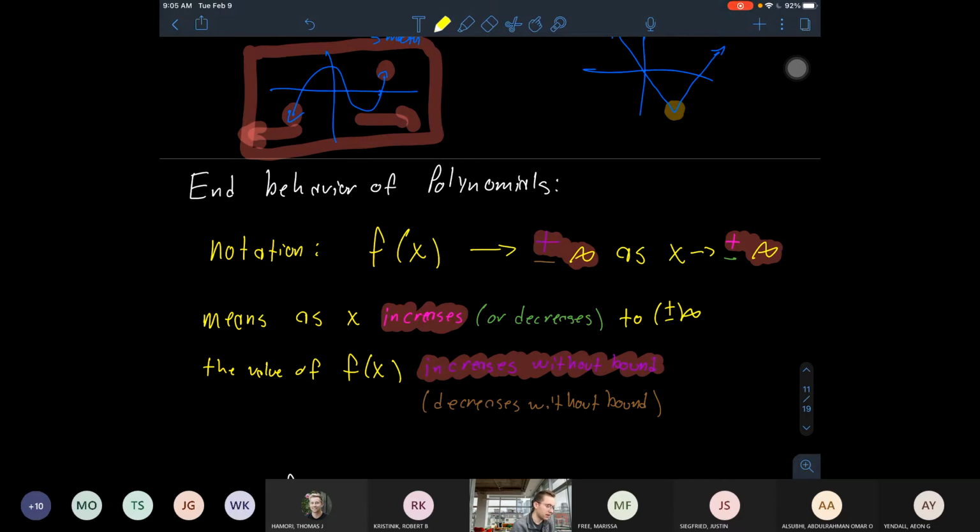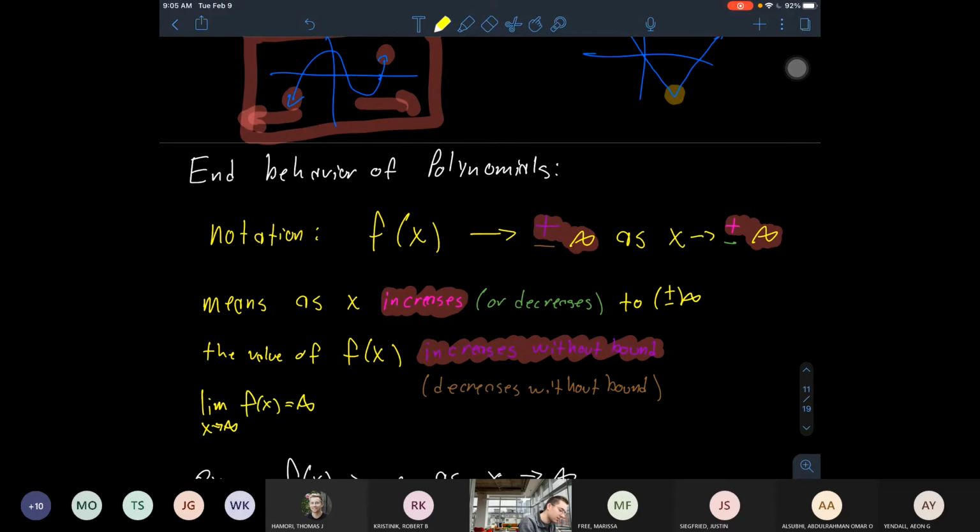And sometimes we say f of x goes to minus infinity as x goes to positive infinity, or f of x goes to positive infinity as x goes to minus infinity, or f of x goes to minus infinity as x goes to minus infinity. Okay, the other notation that you might see for this is the limit as x goes to infinity of f of x equals infinity, that means the same thing.